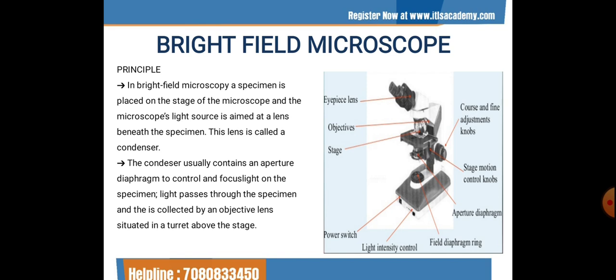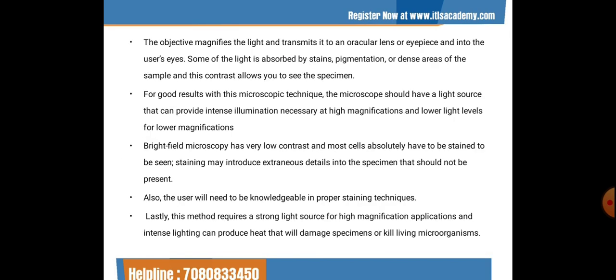Light passes through the specimen and is collected by an objective lens situated in a turret above the stage. The objective magnifies the light and transmits it into the ocular lens or eyepiece and into the user's eye.